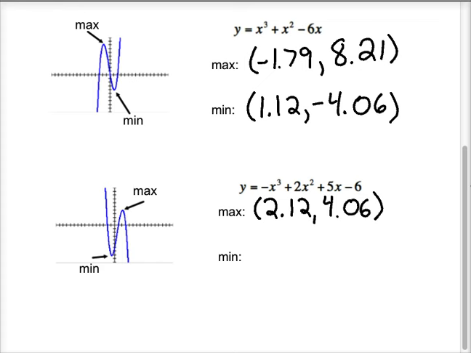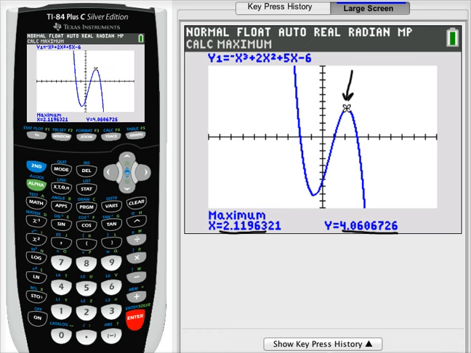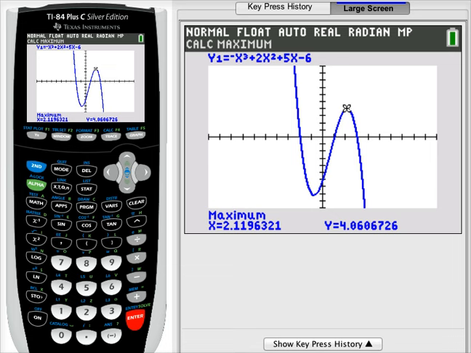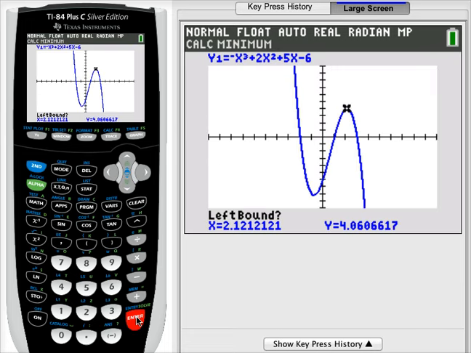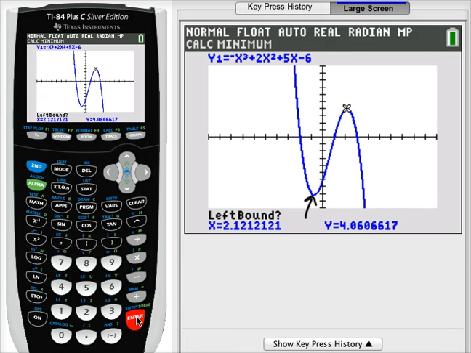So there's my maximum. And now there is a minimum value as well. So I do need to make sure that I go back and then I find that minimum as well. So I need to go and calculate minimum. That minimum is going to be that point right there.